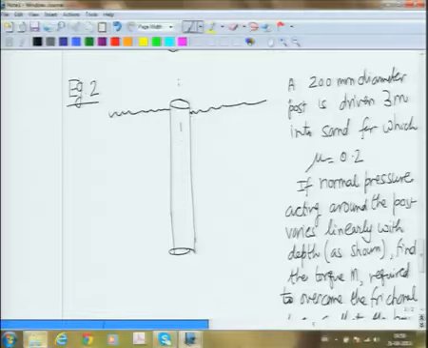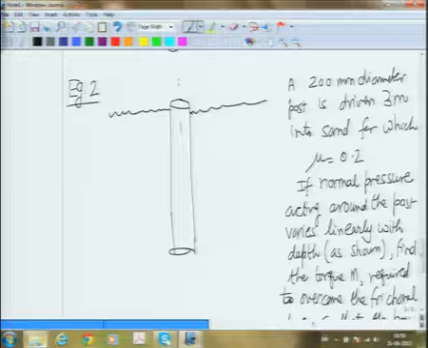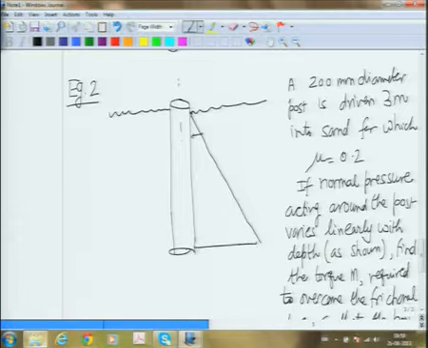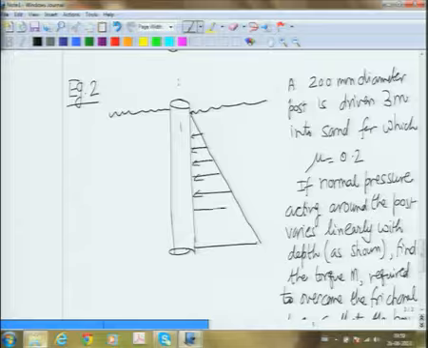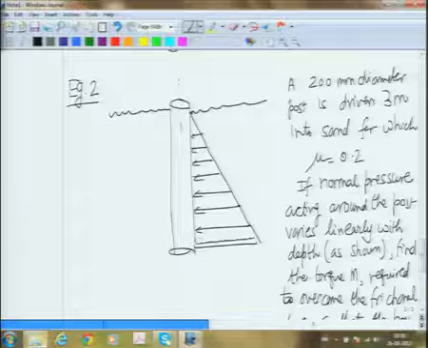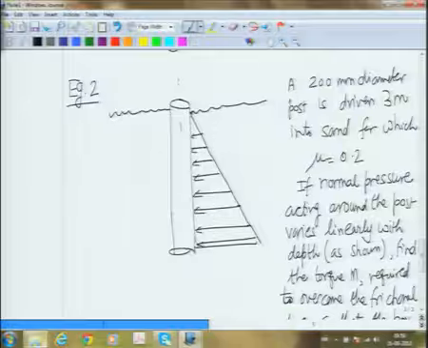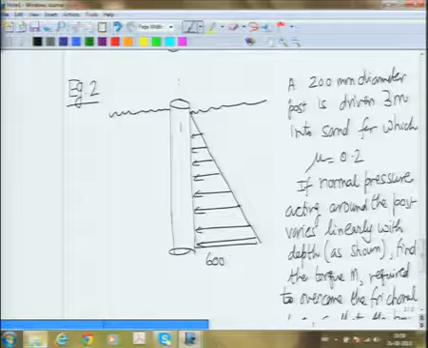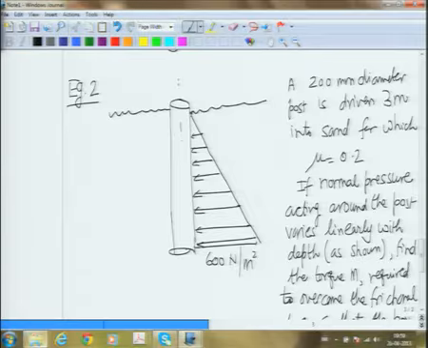So, let me draw the complete figure, that at this point the pressure is 0 and this pressure varies with depth, and in the problem the value of the pressure at the bottom is given to be 600 newtons per meter square.